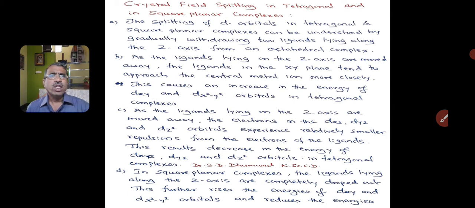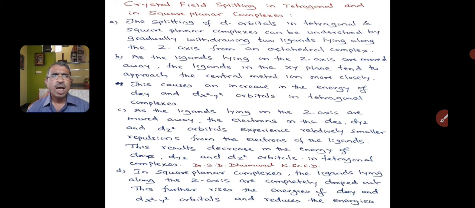Complete withdrawal gives rise to square planar complex, and partial withdrawal leads to the tetragonal complexes. As the ligands lying on the z-axis are moved away, the ligands in the xy plane tend to approach the central metal ion more closely.